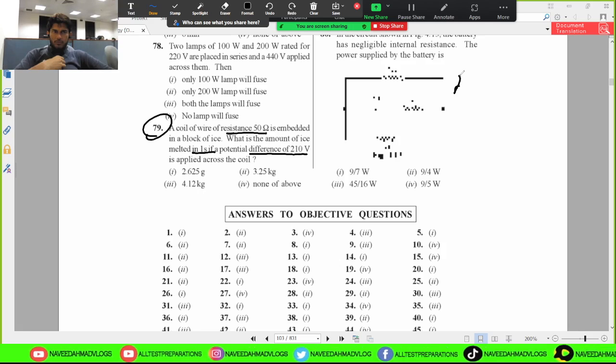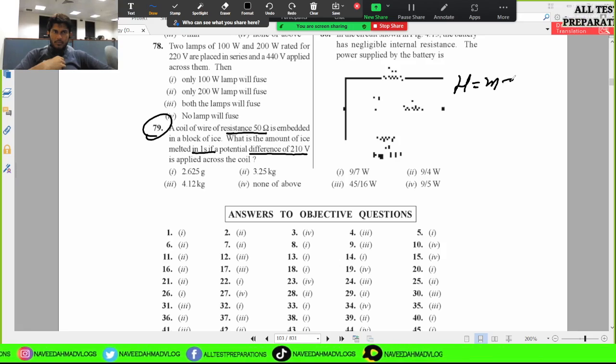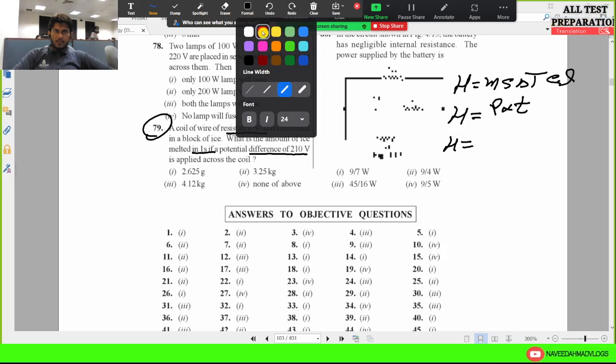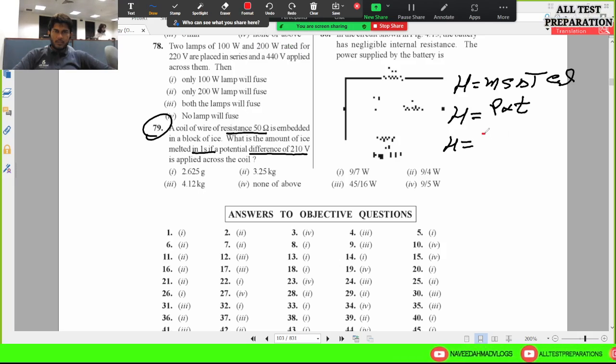As we know, we have the formula H is equal to mS plus mL. And we have another formula, H is equal to P multiplied by T. Over here we have voltage and resistance given to us, so P will be equal to V square divided by R. You use this formula.